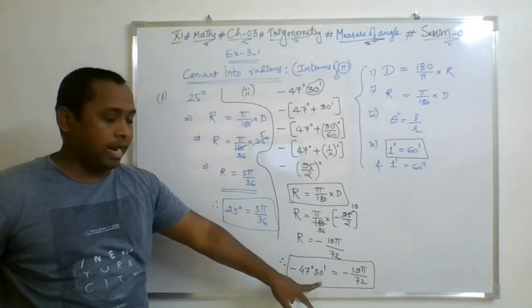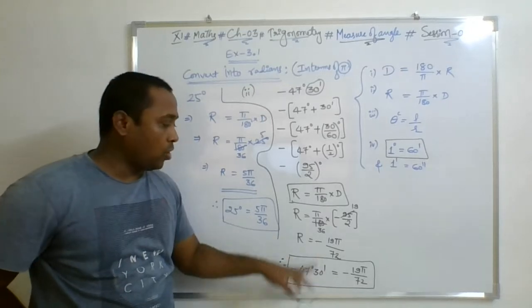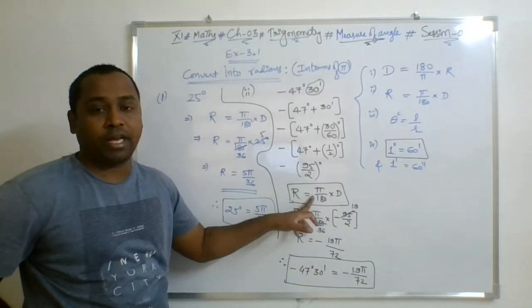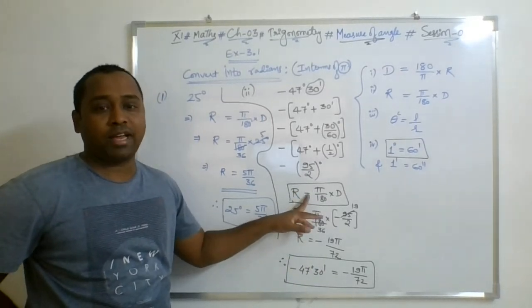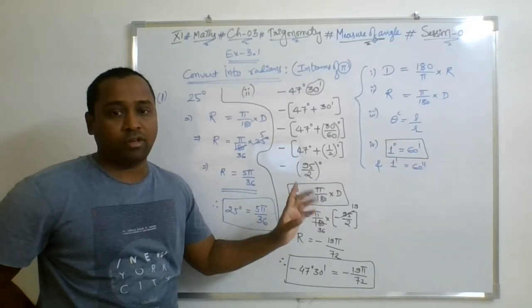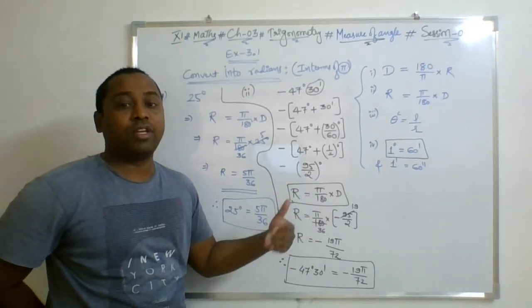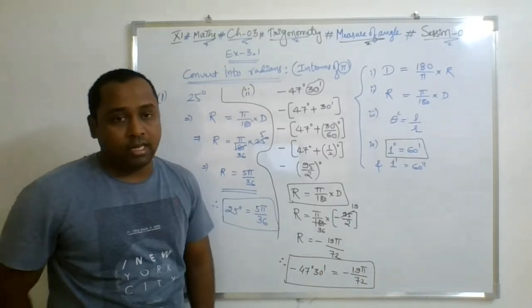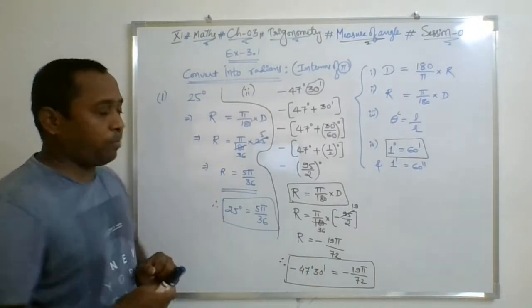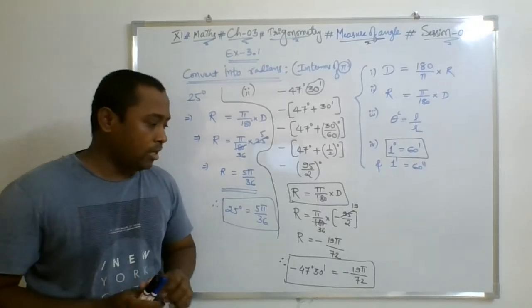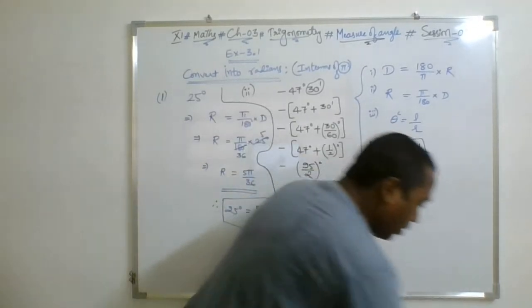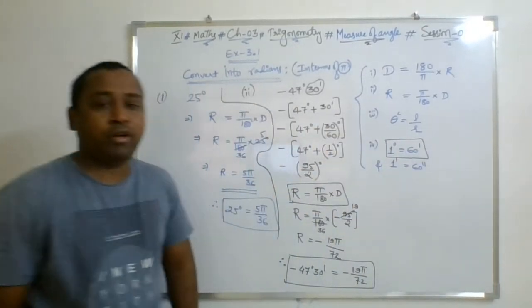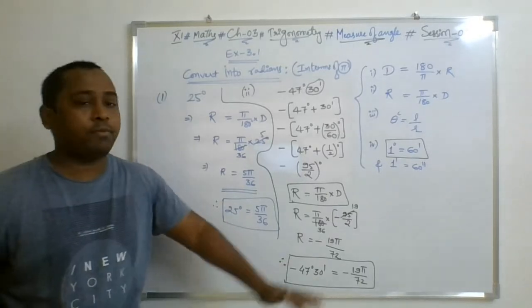While writing the radian measure, don't disturb the value of pi. Don't put the value of pi as 22 upon 7 or 3.14, because we require the answer in terms of pi only. In this manner, you can complete the first question from the textbook.